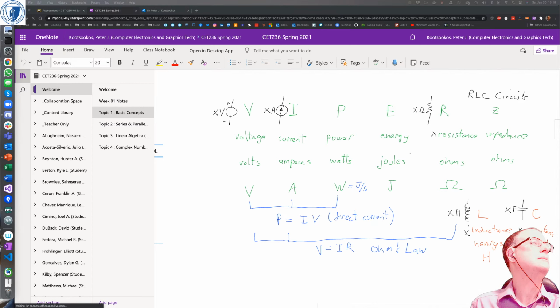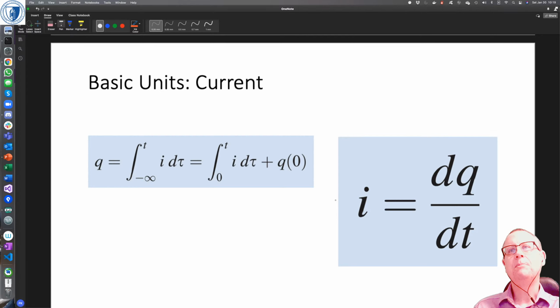So one of the basic units we use in this course is current, and current, let's go with green, I think is my standard.